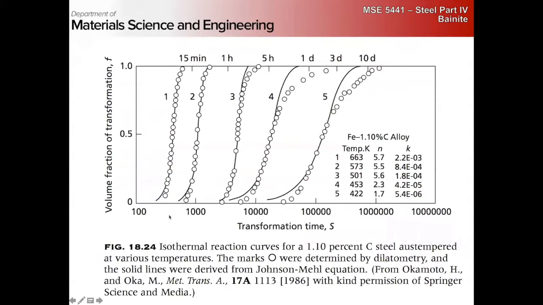And so we can come down isothermally, and for 5, which in this case is at 422 Kelvin, that's pretty low, but you notice we have a time of several hours before we see any bainite formation.